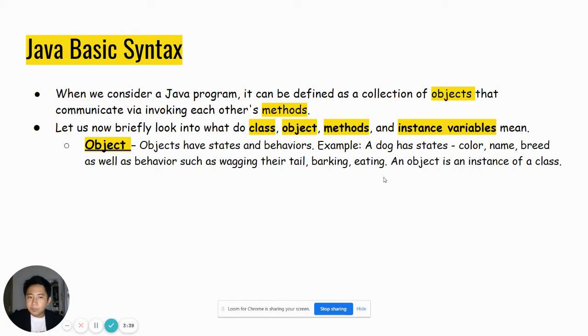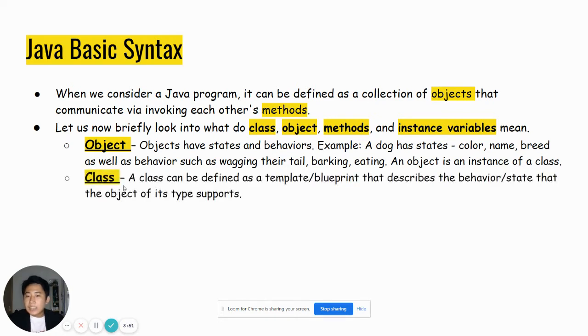And an object is an instance of a class. Okay, so meaning an object is an instance of a class. So what is a class? A class can be defined as a template or blueprint that describes the behavior or the state that the object of its type supports.